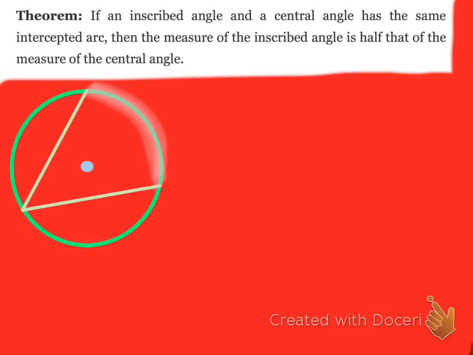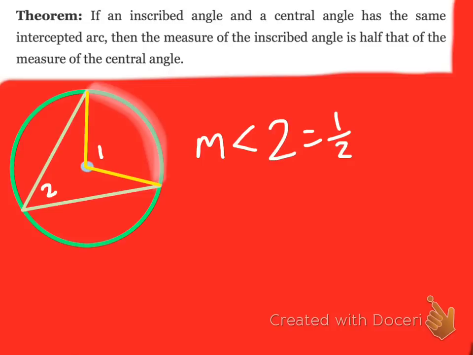We're going to look at the central angle that intercepts the same arc. So coming off of the center, it intercepts the same arc. And what it says here, if I call this angle 1 and angle 2, it says that the measure of angle 2 is half the measure of angle 1.